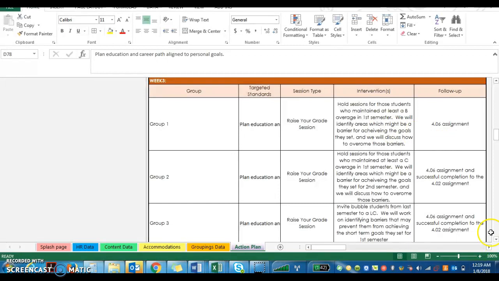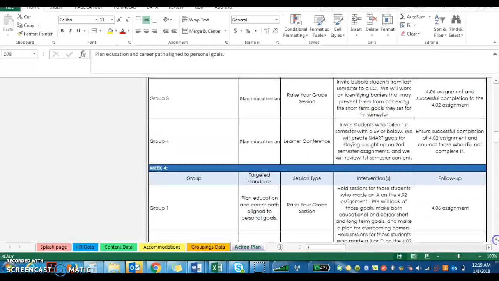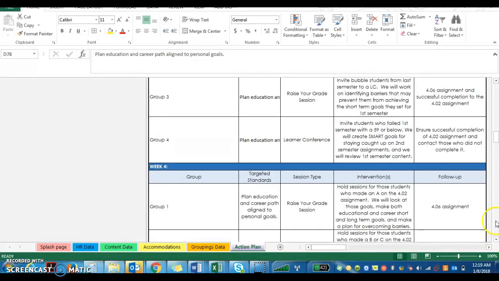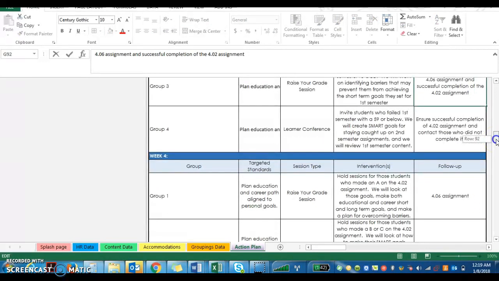Look at the barriers, and I'm going to check for that by the successful completion of the 4.02 assignment and the 4.06 assignment.